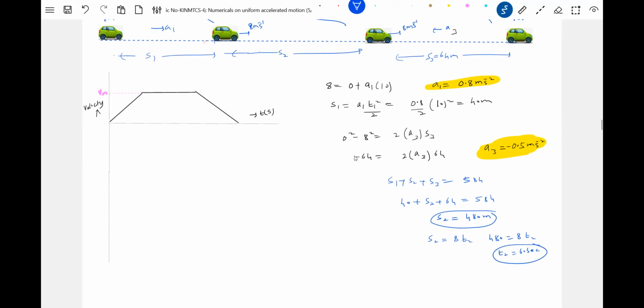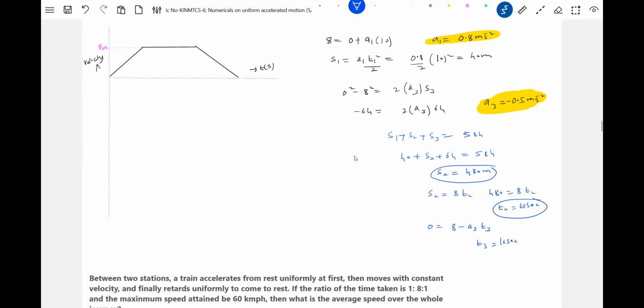The next part will be 0 is equal to 8 minus A3 into T3. A3 is 1 by 2, so T3 will be 16 seconds. So what is the total time of traverse? T1 10, T2 60, T3 16. 86 seconds will be our answer.